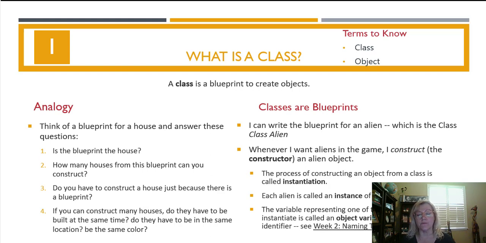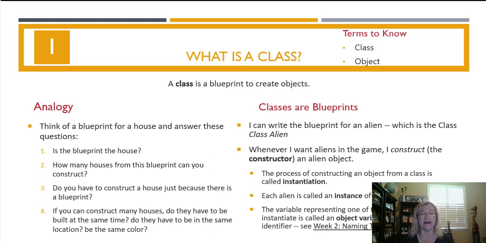So classes are blueprints. I can write a blueprint for an alien there in Space Invaders, and I'll call it class Alien. Whenever I want one of those 55 aliens to pop up on the screen, probably even at the beginning of the program, when the program starts executing, I will construct those aliens with a method in the class called the constructor.